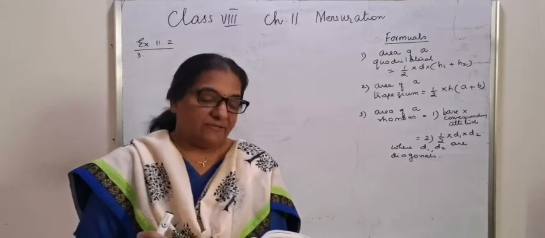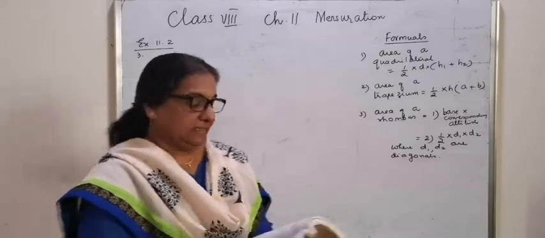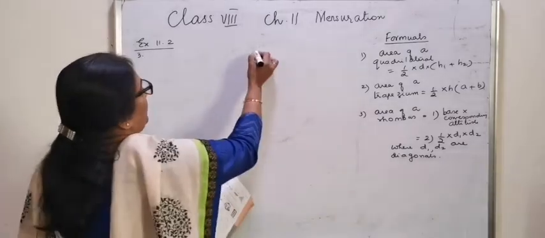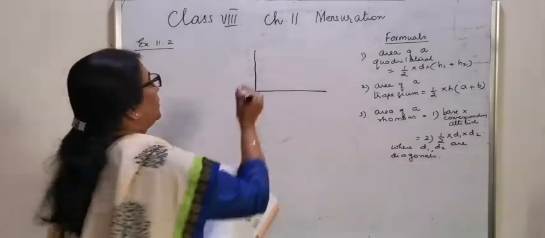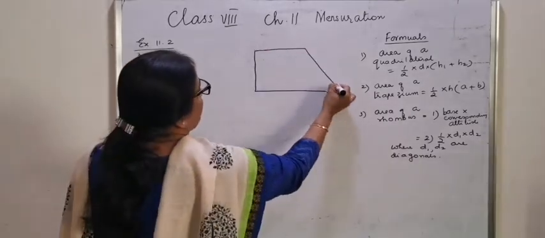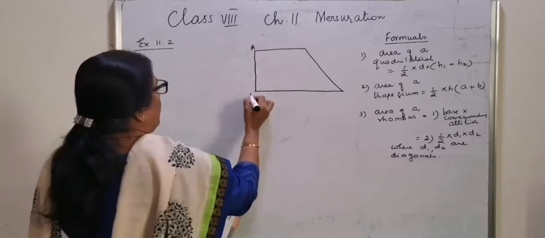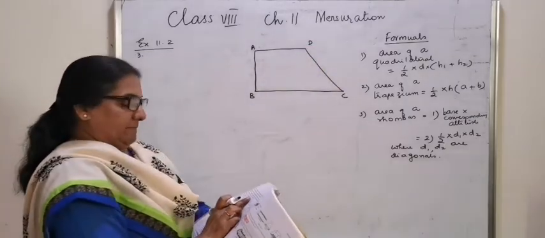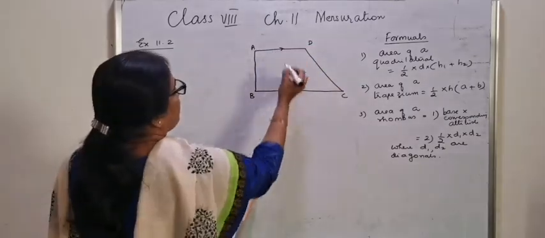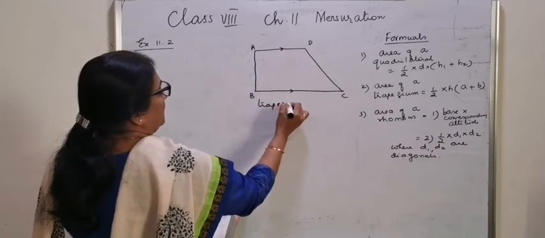Underline the words fence of a trapezium, parallel sides AD and BC. So, AB itself is an altitude or a perpendicular, and AD and BC are parallel sides, which represents that it is a trapezium. It's given in the question also.